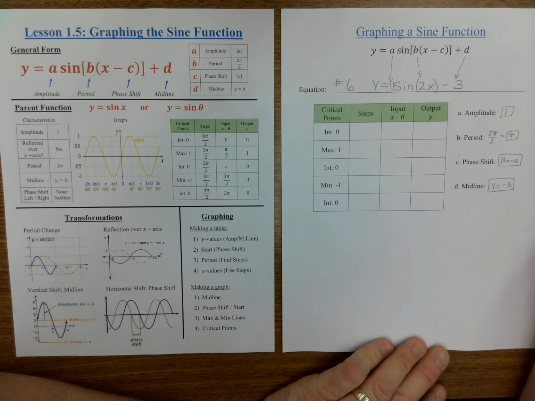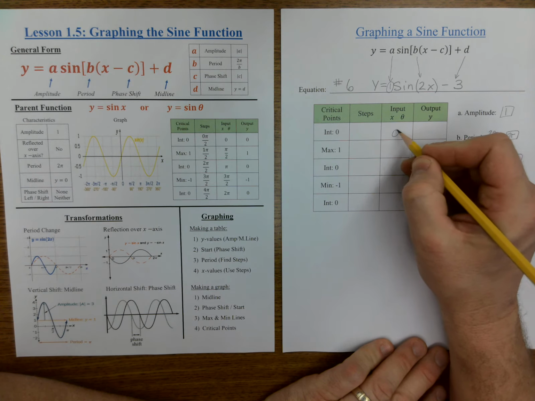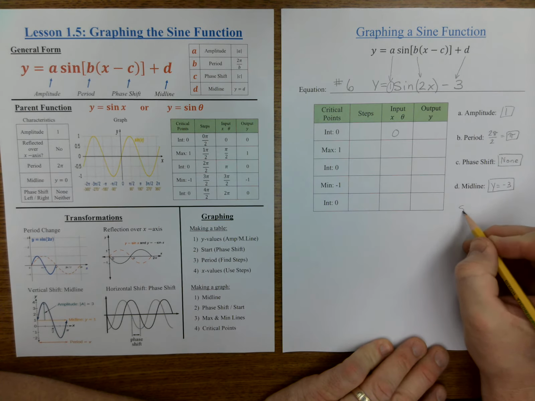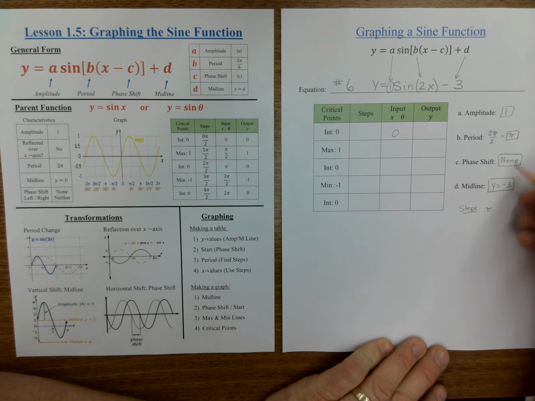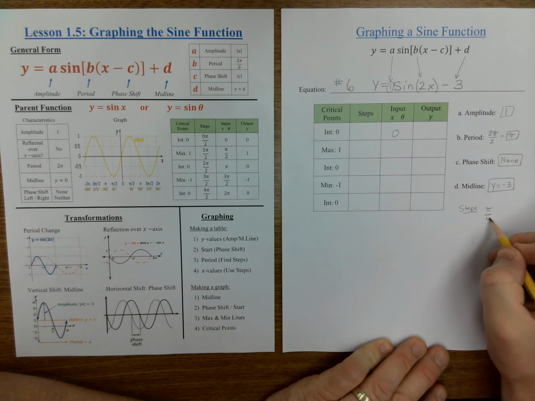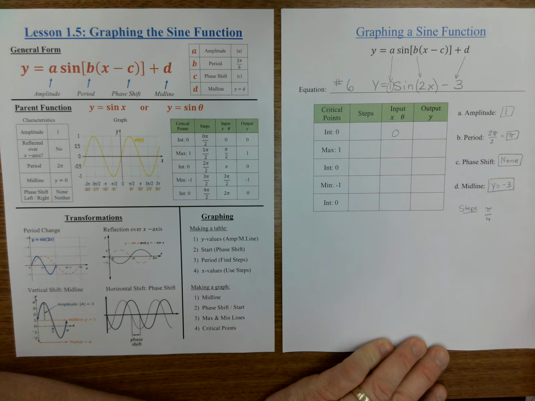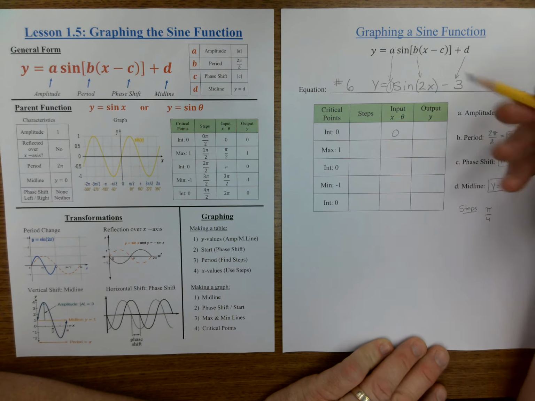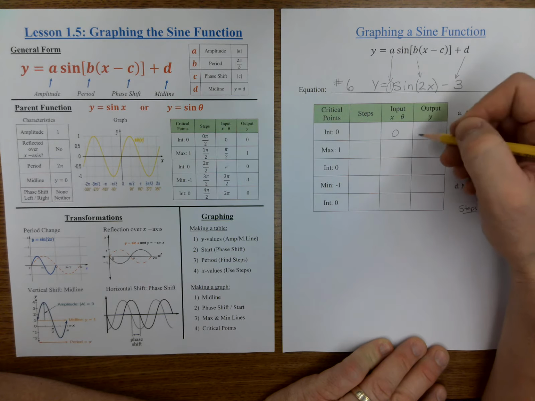Alright, let's go ahead and fill out our table. We know the phase shift, there is none, so it starts at 0. And now we need to do the steps, so we know what to count by. And the steps are pi, because that's our period, divided by 4. So we can use pi over 4. Now, you could probably count this, but if you can't, we're going to do the steps.